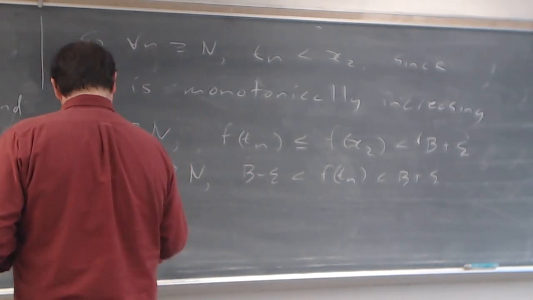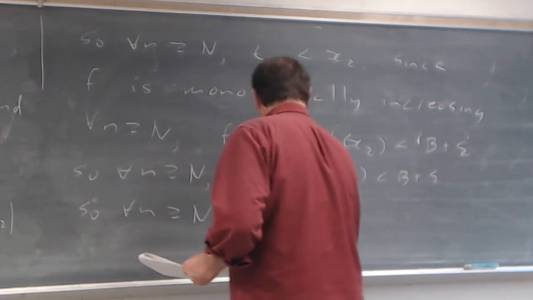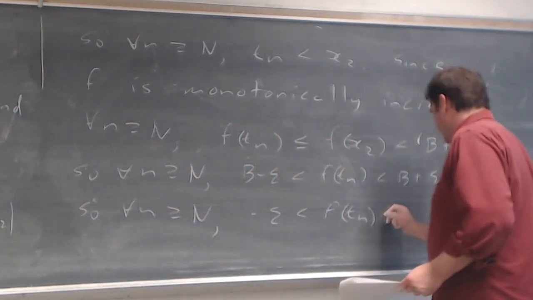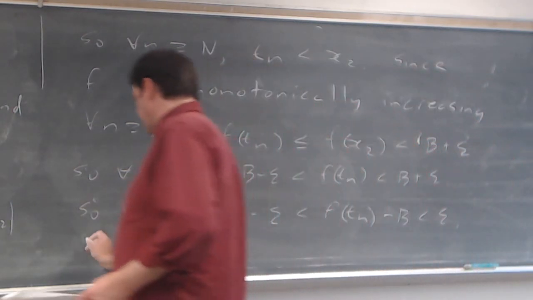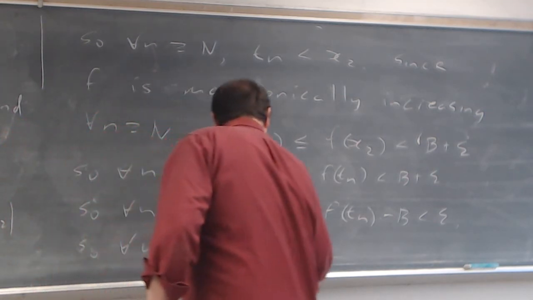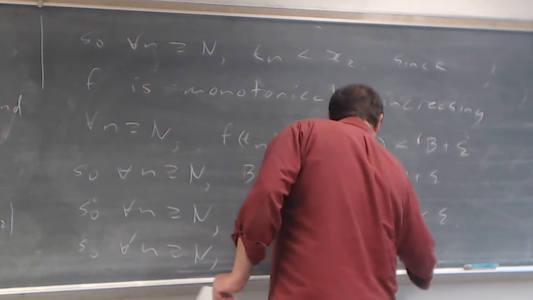So, for all n bigger than or equal to big N, we have minus epsilon is less than f of t sub n minus b, which is less than epsilon. So for all n bigger than or equal to big N, we have that the absolute value of f of t sub n minus b is less than epsilon.